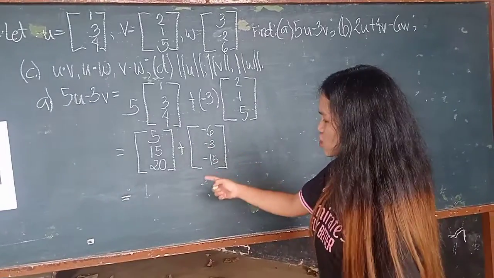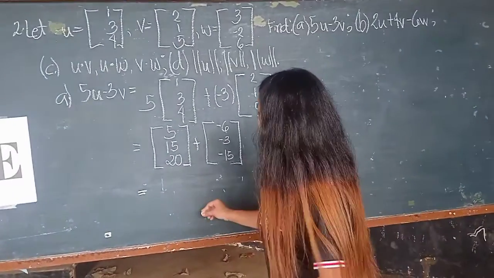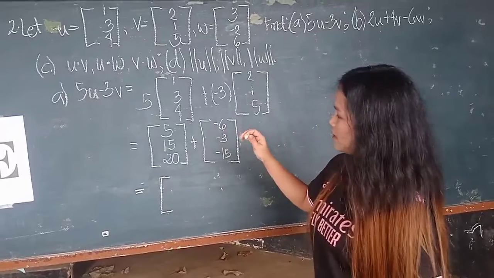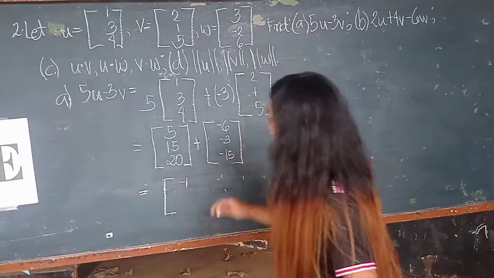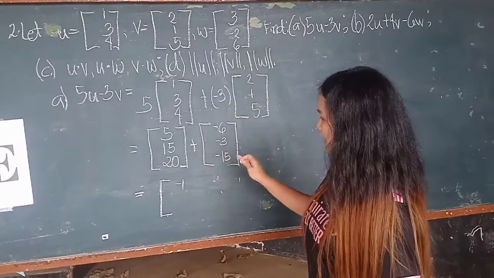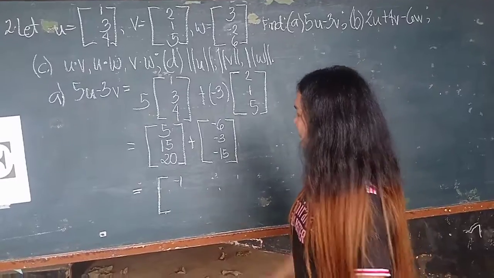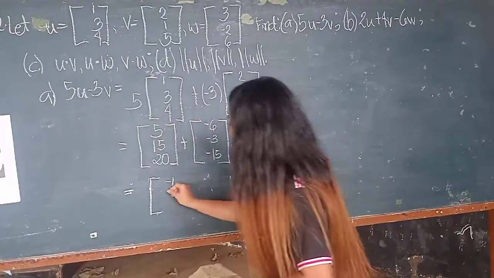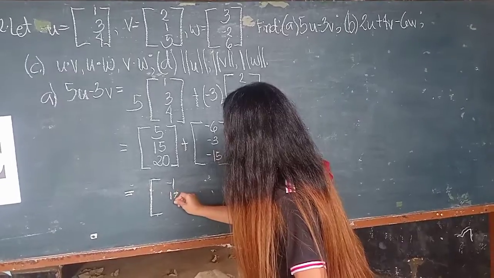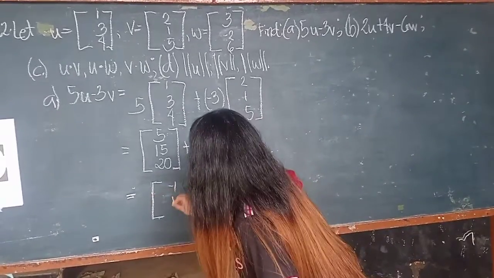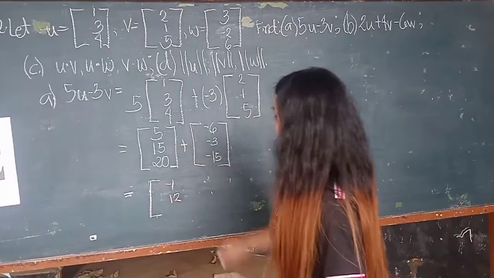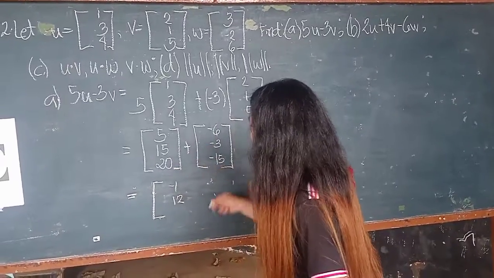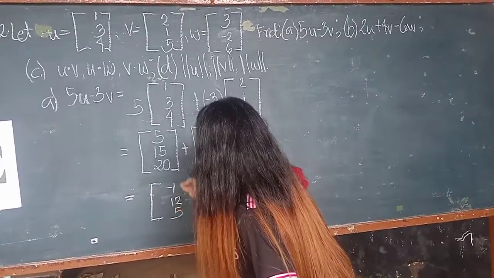Then we add them to get the answer. 5 plus negative 6 is negative 1. Since the signs are different, we subtract. 15 minus 3 is 12, and 20 minus 15 is positive 5.